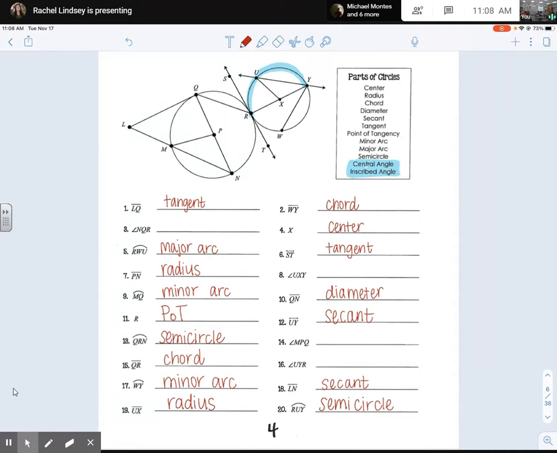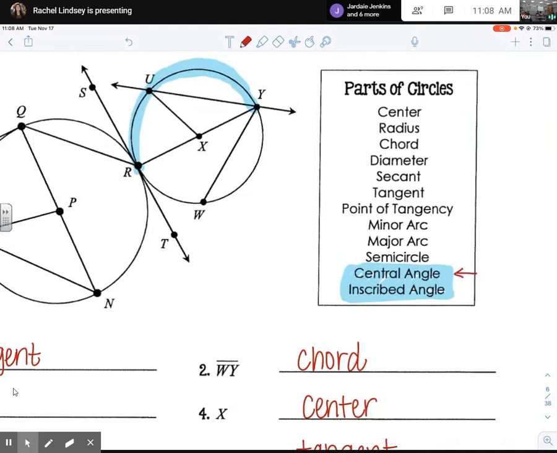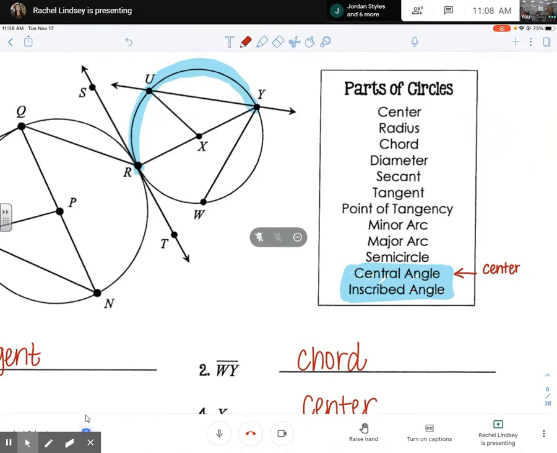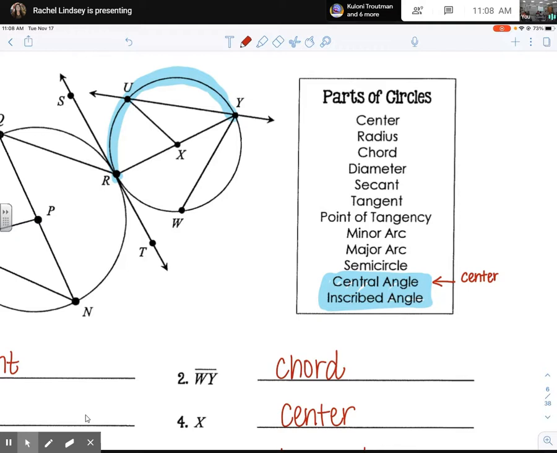There are 2 types of angles we're looking at here, a central angle and an inscribed angle. The vertex of a central angle is at the center.